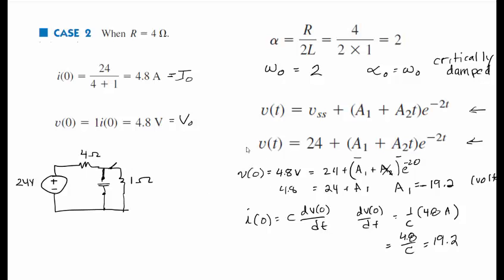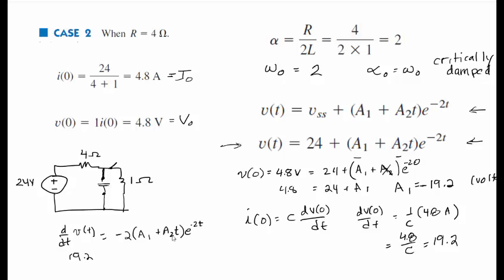So we go back and we take this equation right here, and we find the derivative of it. So d/dt of v(t), at 0 we have that value, is 19.2. Then take the derivative of this. The derivative of a constant is zero. The derivative of this part will be minus 2A1, plus, and then we have to do the derivative of A2 t e to the minus 2t.